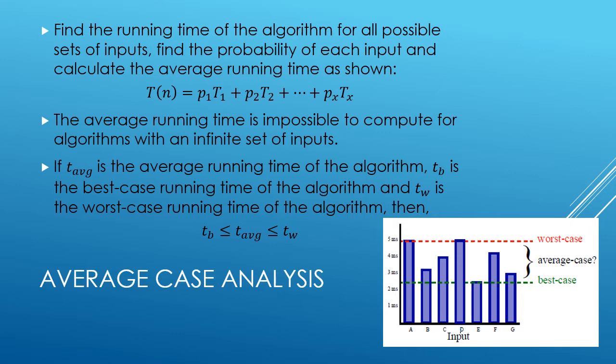For F, it takes more than 4 milliseconds. And for G, it takes 3 milliseconds. The best case input is obviously input set E. The worst case input sets are A and D. The average case time would be between the best case time and the worst case time.